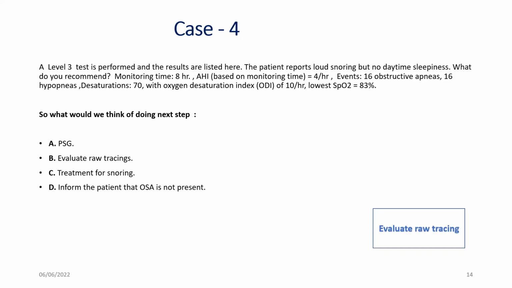Second, wherever you think it is a case of obstructive sleep apnea but the level 3 study is not giving you the correct information, always try to look at raw tracings or look for level 1 PSG again. So that's what I'm trying to tell you here, that level 1 PSG is the gold standard.